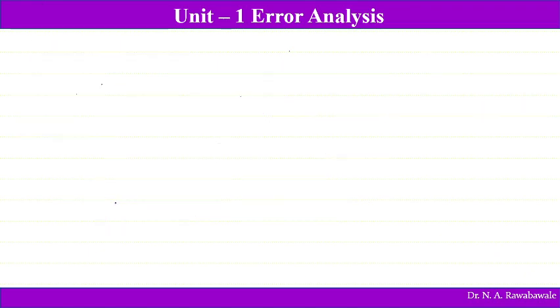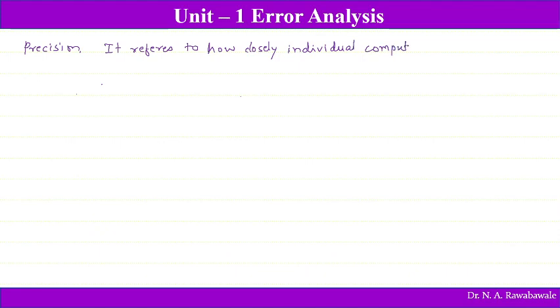Now coming to precision. What is this precision? Precision refers to how closely individual computed values or measured values agree with each other.